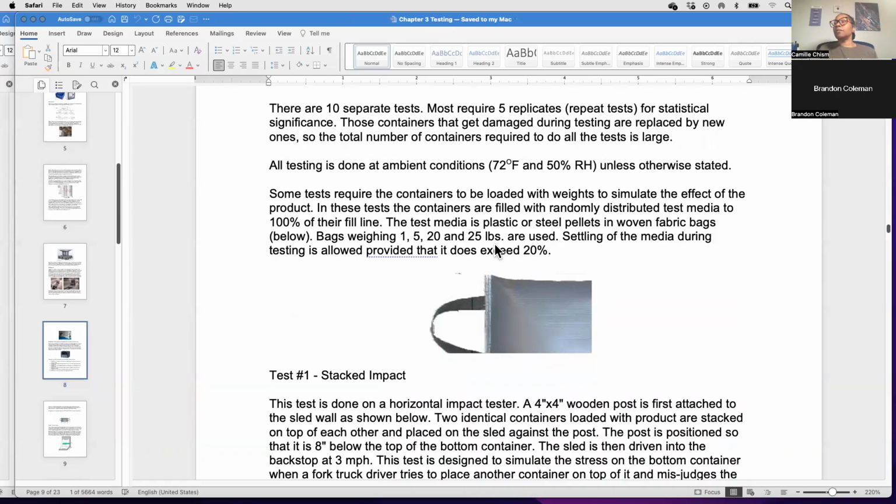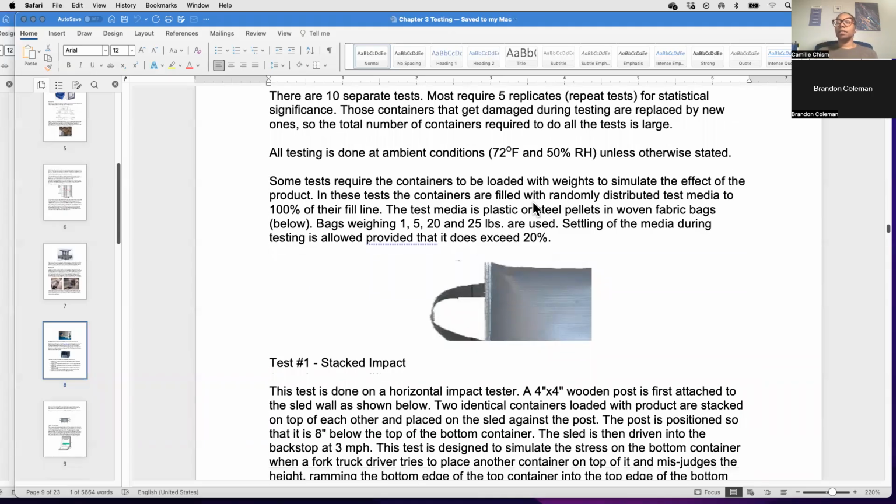We mentioned again yesterday the conditions of 72 degrees and 50% relative humidity, which is fairly standard. The conditions have to be that way so that you're comparing apples to apples.